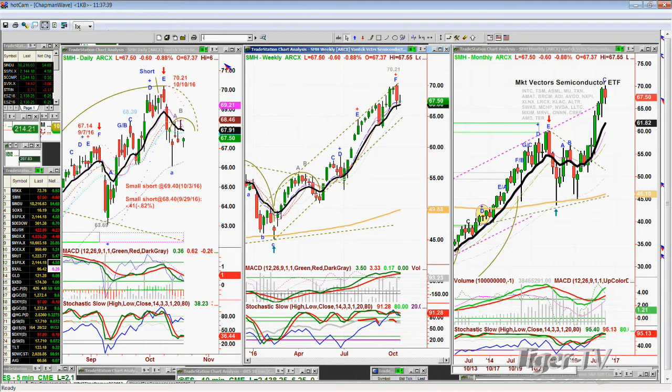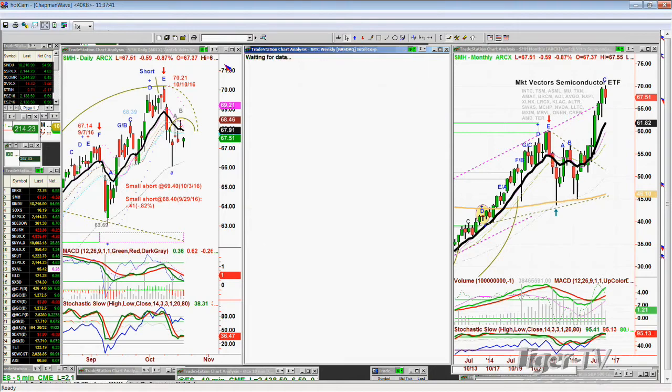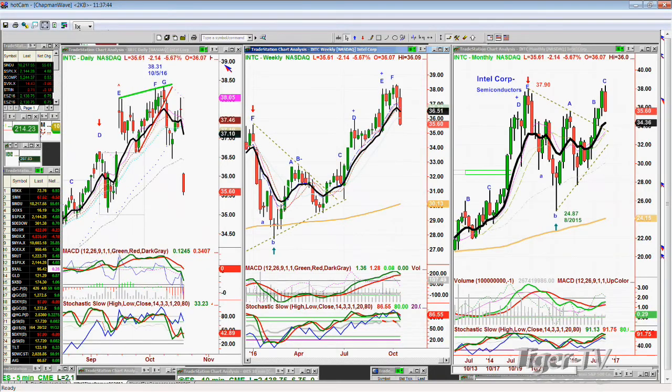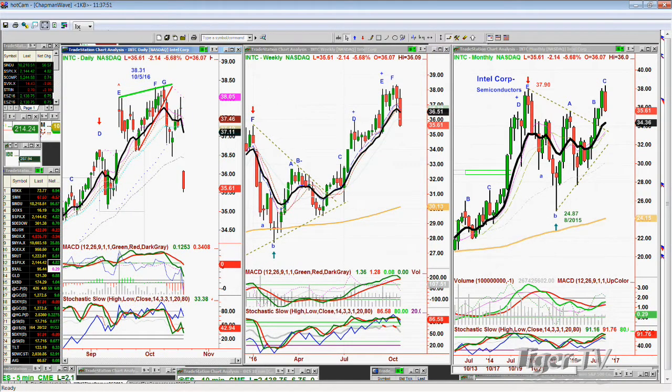Intel, of course, came out with pretty darn good earnings, but the look ahead was not quite so great, and it's down 2.14 at 35.61, having made a peak G. Why did I want to go through that whole panoply of information on my CD introducing the Chapman Wave methodology? Because the peak G is a very technical aspect within the Chapman Wave methodology, and what it suggests is that there could be a sharp pullback, that you've used up all your energy.